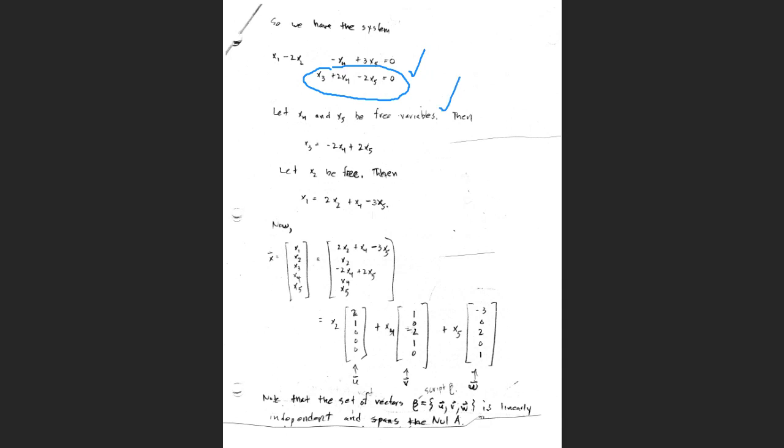So x3 then is -2x4 plus 2x5. And then based on the first equation, the only variables you haven't accounted for are x1 and x2. Well, let x2 be free. And then x1 is 2x2 plus x4 minus 3x5.